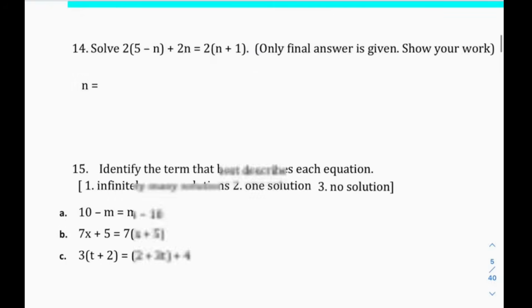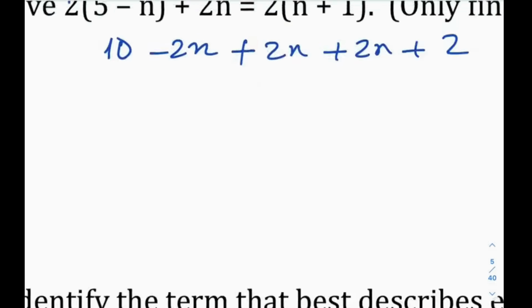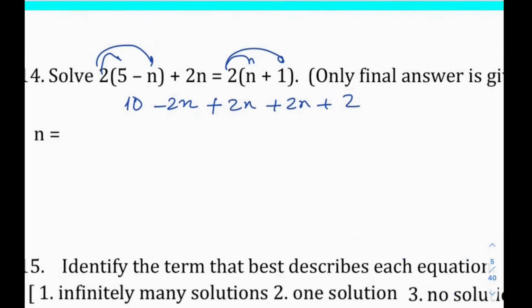Now let's solve this. We have two brackets to be resolved. So I will multiply here. This will be 10 minus 2n equals 2n plus 2. There's an equal sign here. We forgot the equal sign here. And as you see here, there is the same variable with the same coefficient on both sides.